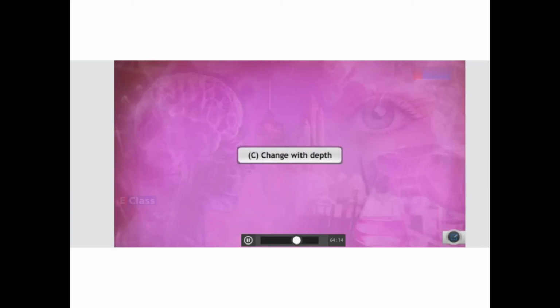Now the third factor which is affecting the value of g is change with the depth.